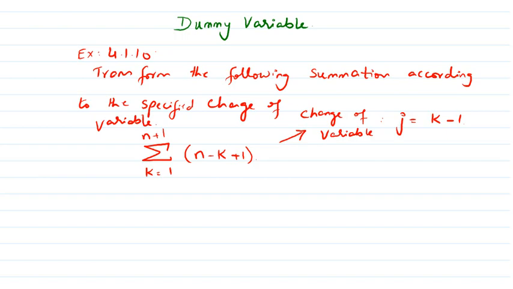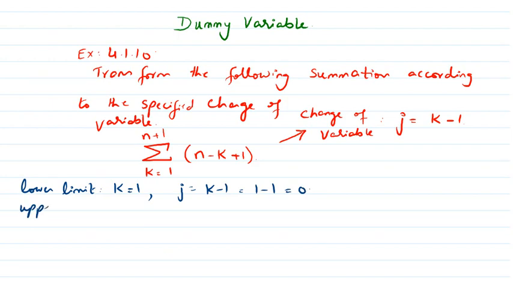So we are going to find the lower and the upper limit. Let's start with the lower limit. Here the lower limit, let me write it against k first, and j equals k minus 1 is going to be 1 minus 1, resulting in 0.